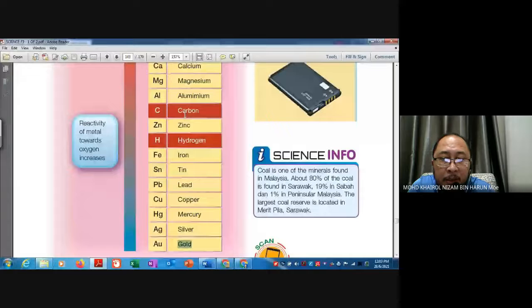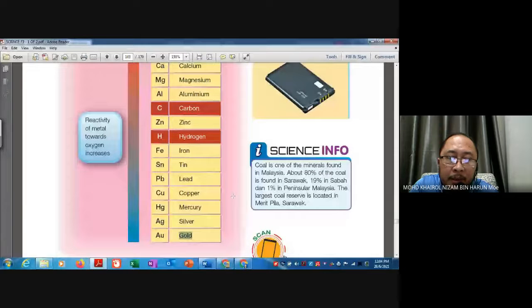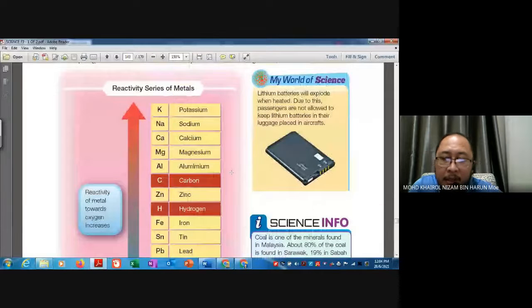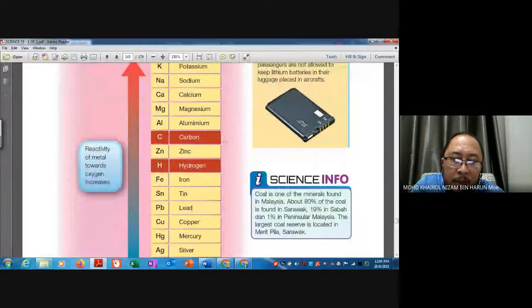Hydrogen is between zinc and iron. So that is the conclusion for this experiment about the reactivity series of metals. So this is how we can construct the reactivity series of metals that also includes the position of carbon and the position of hydrogen.